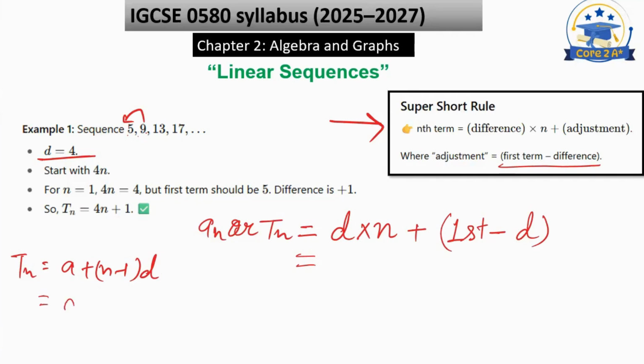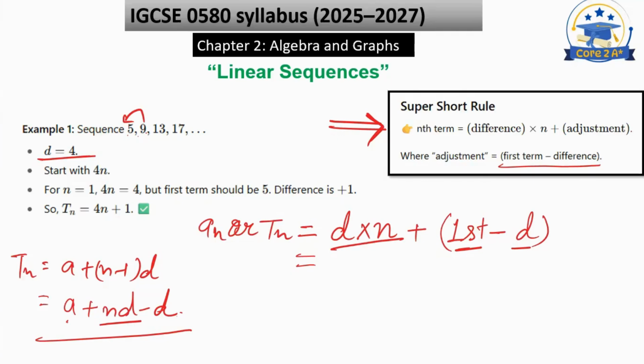Let me show you how. A plus nD minus D. See, both are the same, right? Here is your nD, and A minus D, first term minus D. This is not new, but in case you want to solve in just a few seconds, you may follow this strategy.